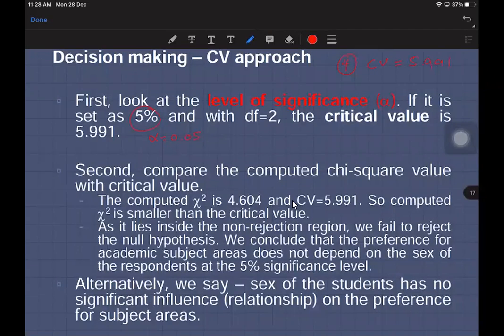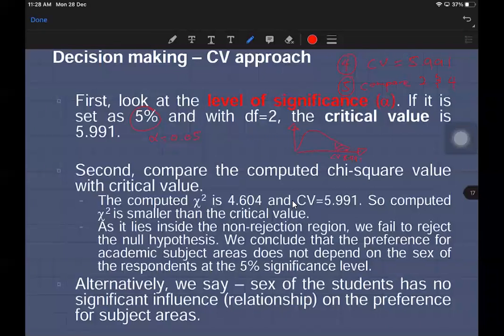Okay, so step number 5 is to compare step 2 and step 4. The assumption is that the table is not normal. Here the critical value is 5.991.